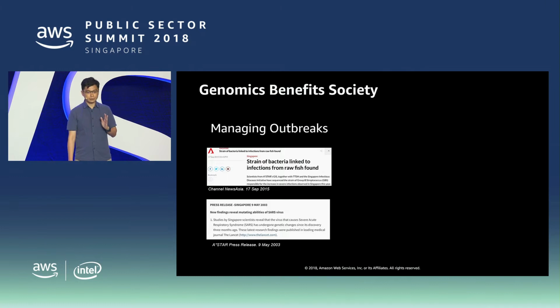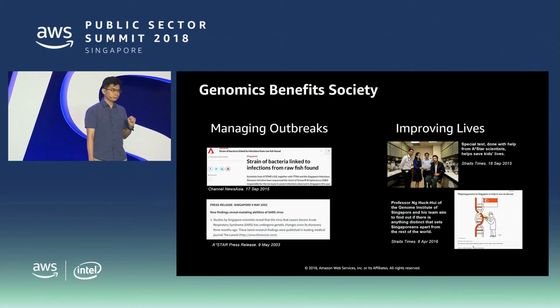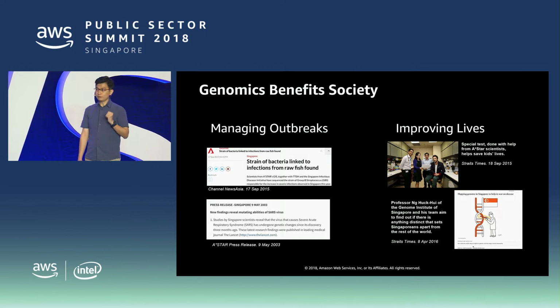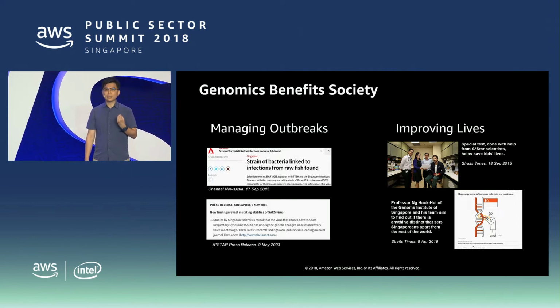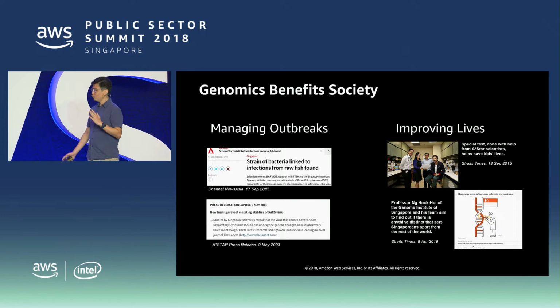But it's not just about that. We also improve lives. Our faculty have worked with clinicians to devise better diagnostics for kids with rare disease. And right now, we're working with doctors to devise a way to provide customized, precise treatment for every individual. So this is what we do.